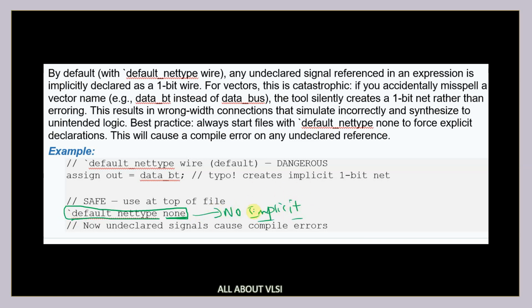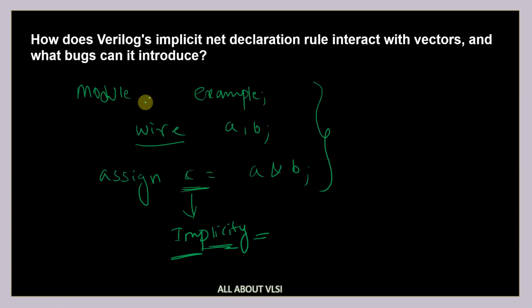So this is how I make sure that no implicit nets are created, and it basically removes the bug, which is nothing but the implicit net creation bug, right?